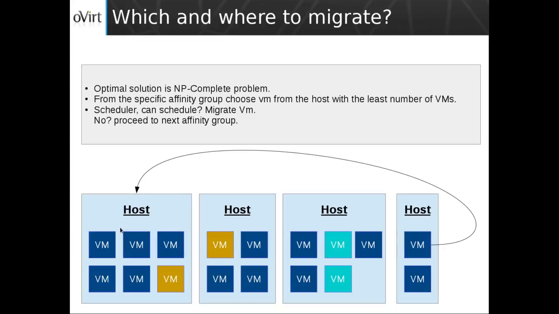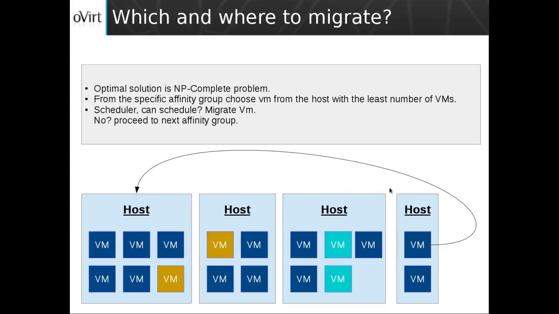So once we chose the VM we want to migrate, we ask the scheduler canSchedule, which is a method that basically checks if the migration we want can be scheduled. And if it can, then we migrate the VM.